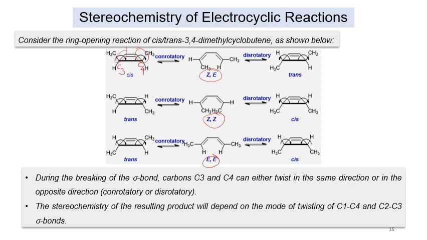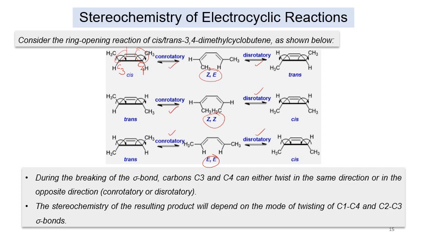Now, there are other factors involved which will decide whether this is inward or outward. We will come to this a little while later when we consider specific examples and what steric factors are involved in these. So, obviously, this is a conrotatory type of ring opening in both these cases. In this particular case, we are seeing the conrotatory opening, and in this case, we are seeing the disrotatory opening.